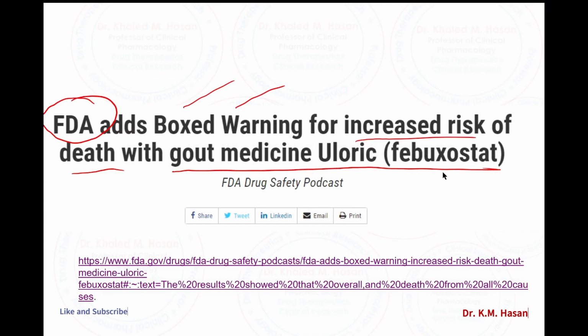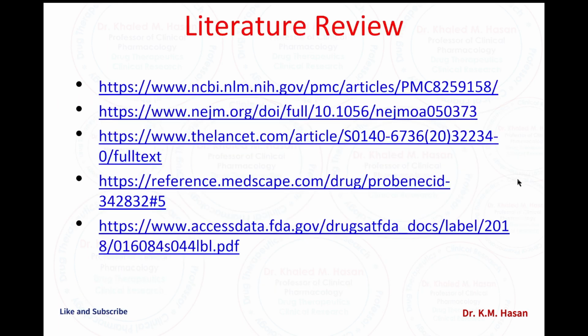Okay, so we covered two medications. The first medication was allopurinol, and the second medication febuxostat, and we compared these two medications. We have some literature here to review in your own time. For example, this gives you information about febuxostat and allopurinol.